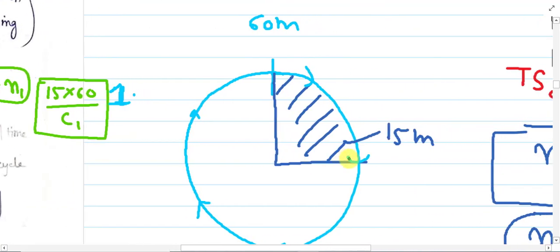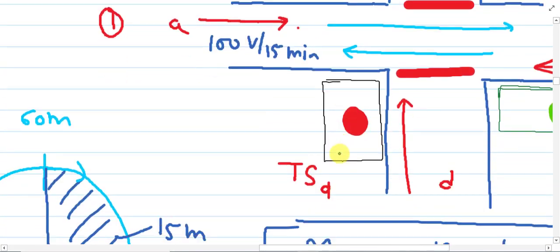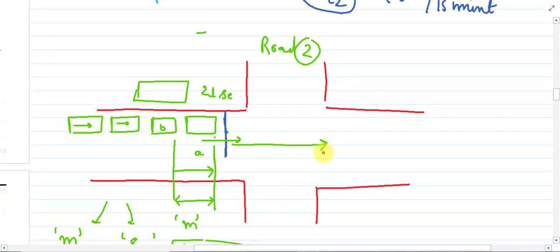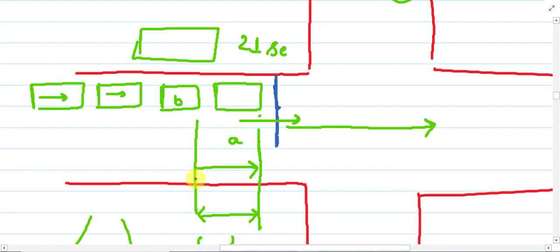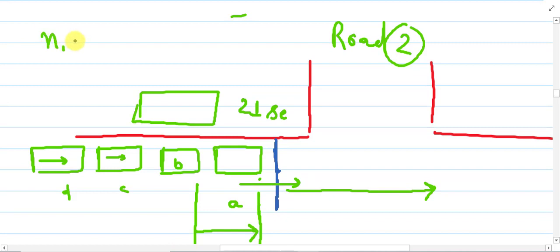Let me explain with this figure to you. Okay. So suppose there are 4 vehicles A, B, C and D. Okay. So these are the N1 values. So N1 means 4 vehicles per 15 minutes. These are your 4 vehicles. Now how much time do these 4 vehicles require to cross this intersection?